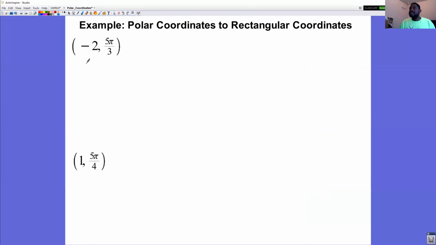We're going to utilize the fact that this is r, and that's theta. So our first equation would be x equals -2 times cosine of 5 pi over 3. If you simplify that, cosine of 5 pi over 3 is 1/2, so you get an x coordinate of -1.